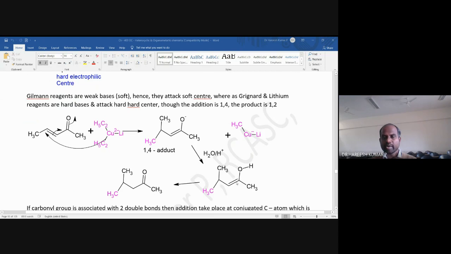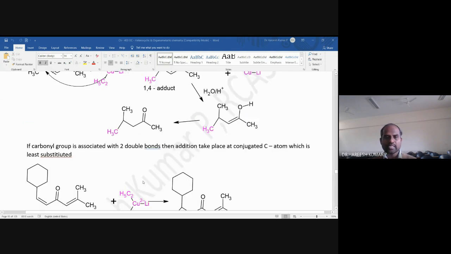The compound obtained is an enol. Usually an enol is the tautomeric form of a ketone, so it will convert into a ketone. How will it convert? The bond pair can come over here, and this bond pair can pick up a proton. That is how the compound is obtained. With this, I will go to the next slide.